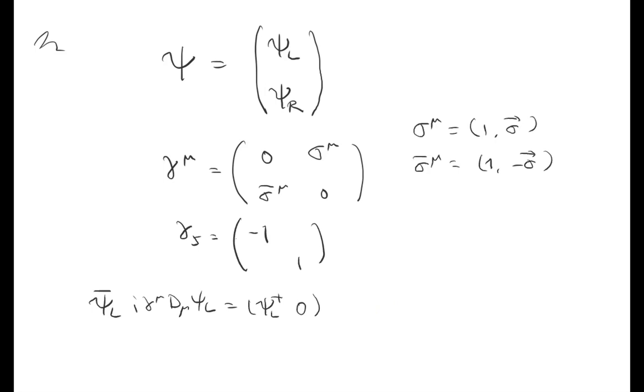And then psi bar has, in addition to this Hermitian conjugation, I need to stick in gamma naught, which is 1, 1. And then comes gamma mu, sigma mu bar, and then d mu psi left.